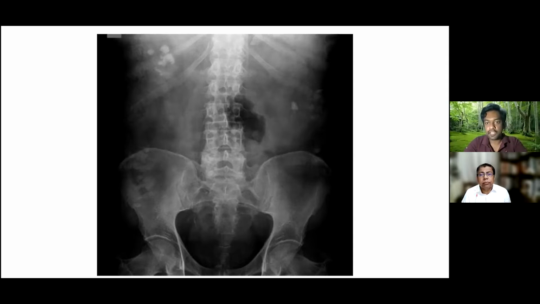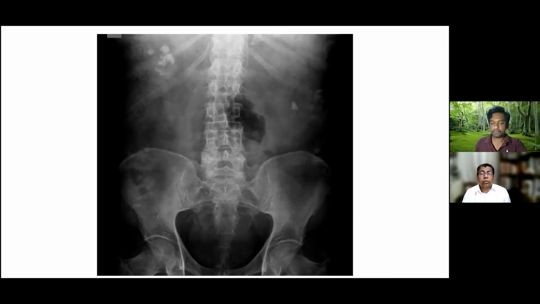On the left side, the radio-opaque areas are mostly involving the lower pole of the kidney. So basically, this X-ray KUB shows bilateral renal calculi. If I look at the ureters, I don't see any abnormalities, except on the right side, over the lower part of the ureter, there's a small area of radio-opacity, probably a lower ureteric calculus.